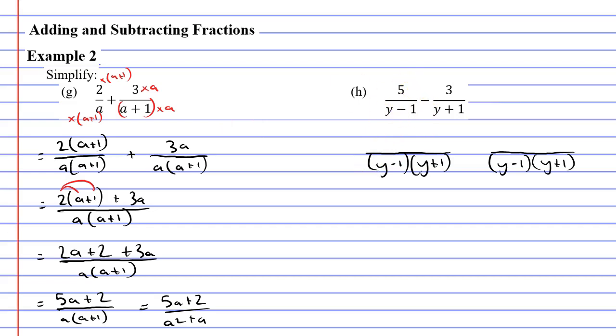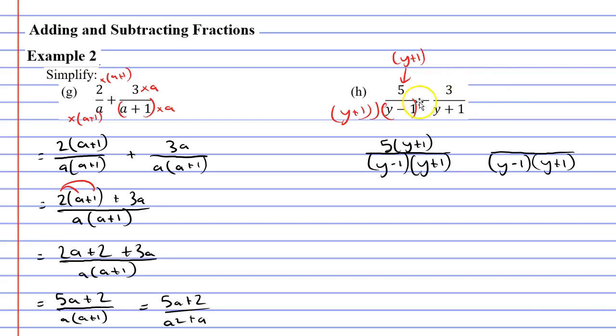What do we multiply y minus 1 by to get the denominator we see below? Well, we must have multiplied it by y plus 1, which means that we need to multiply 5 by y plus 1 as well. So my numerator will be 5 times y plus 1.